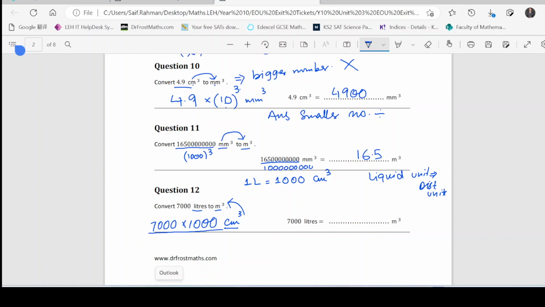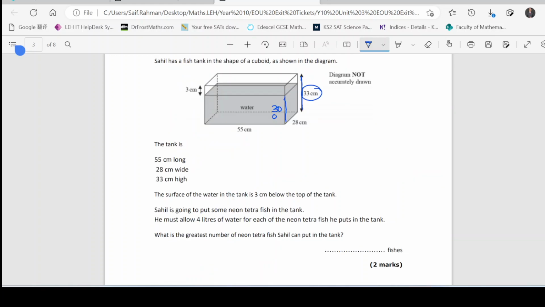And in this question, it says that there is a tank which is full this much. Total height of the tank is 33, whereas this much, 3 centimeter, is empty. So the water inside it is 30 centimeter. So this water is 50 centimeter, 30 centimeter, and 28 centimeter.